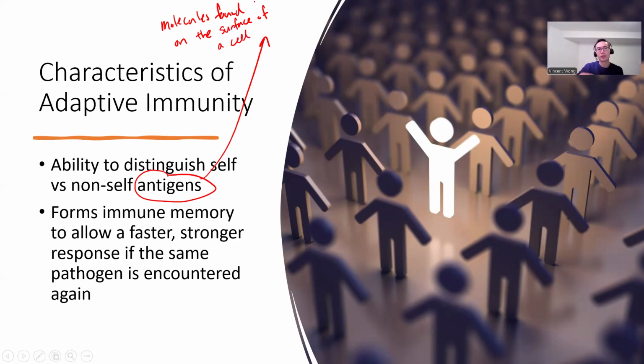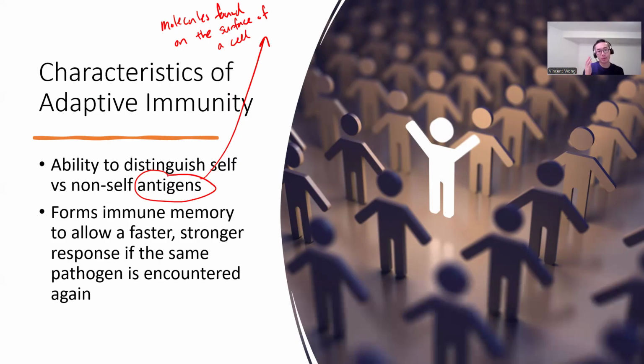You have antigens on your cells. I have antigens on my cells. Bacteria have antigens. Red cells have antigens. Viruses have antigens. There are no good or bad antigens. Antigens are just molecules that are on the surface of a cell.